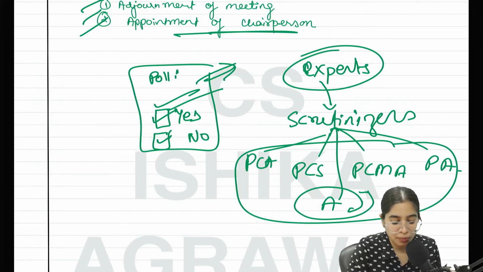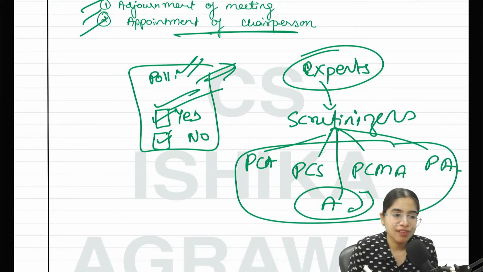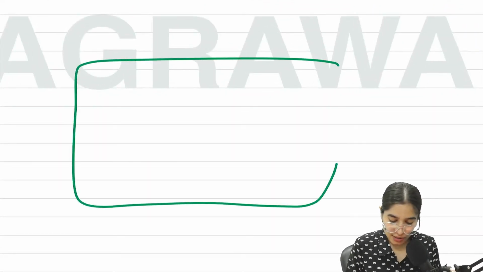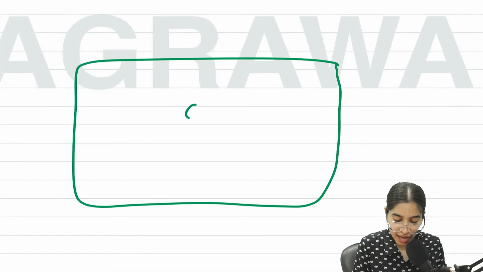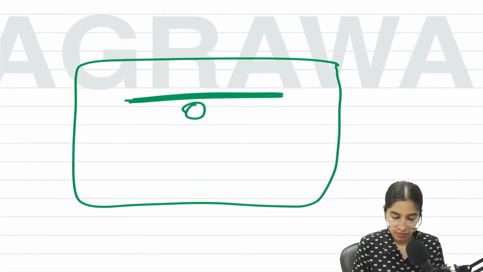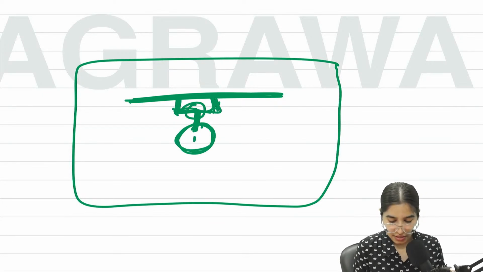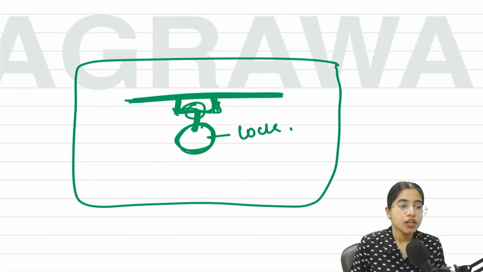They will prepare the polling papers, and once the meeting is done, they have to prepare a box, which is locked.